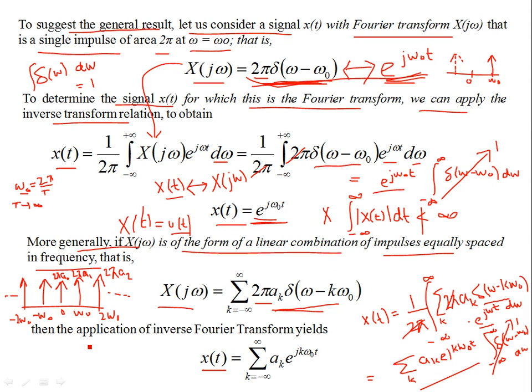The second thing to notice is that this is a periodic impulse train in the frequency domain, and here we are talking of periodic signals, so let's forget about aperiodic for now. But just to remind you, if capital T increases, then omega naught decreases.